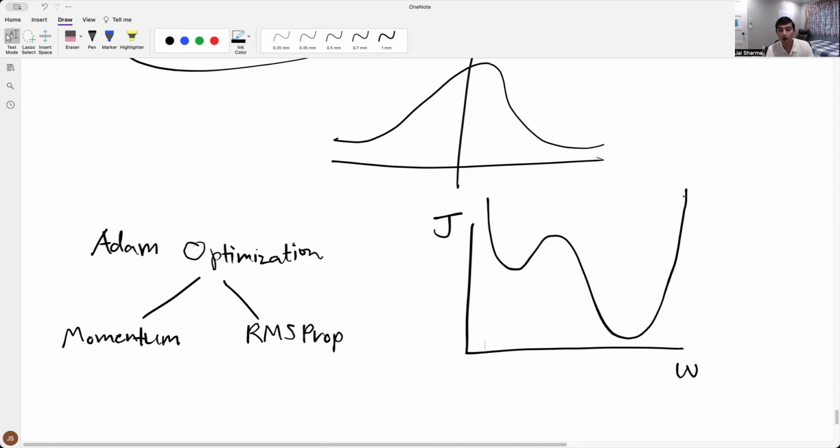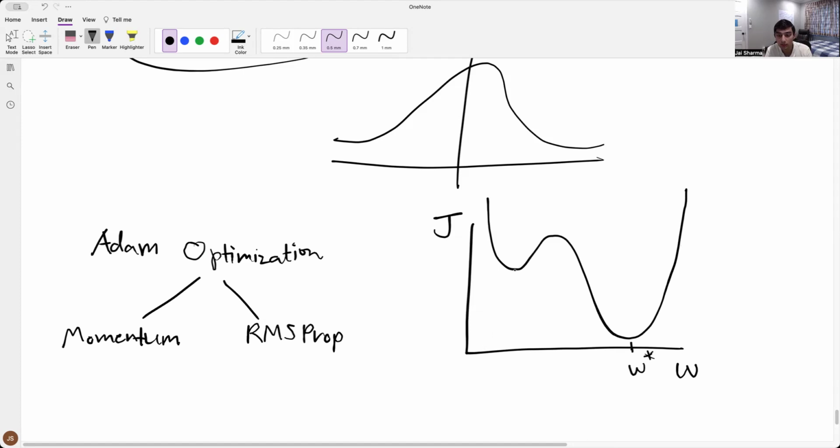And the optimal value for W, which is the weight, would be somewhere around here, because this corresponds to the lowest possible cost across the whole cost function. So that would be the optimal value of W. But you can see over here that there is what we call a local minimum.